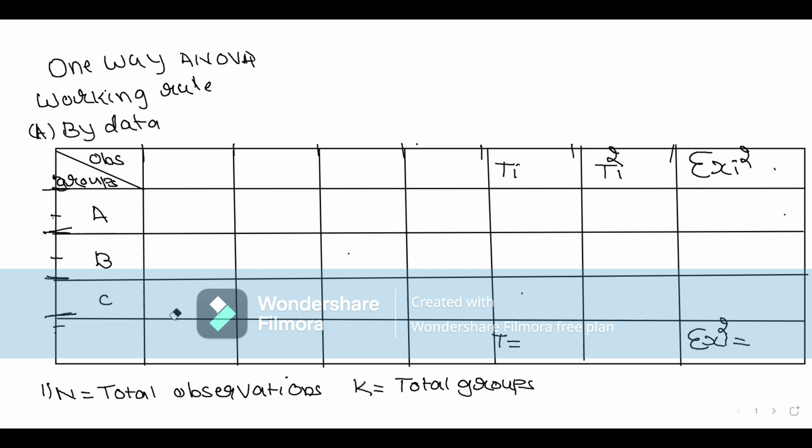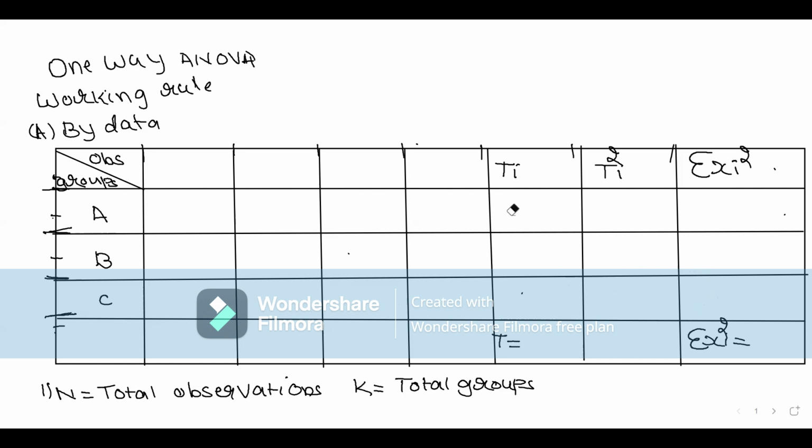And next, for the C group, this plus this plus this plus this equals the Ti value. Take the square of this Ti, that becomes Ti square. And this square plus this square plus this square plus this square, that is summation of xi square.